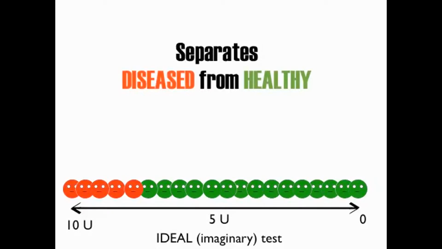A good diagnostic test separates disease from healthy. The diseased patients will be to the left, and the healthy patients will be to the right. This is an ideal test, of course. All of these patients will be correctly classified.